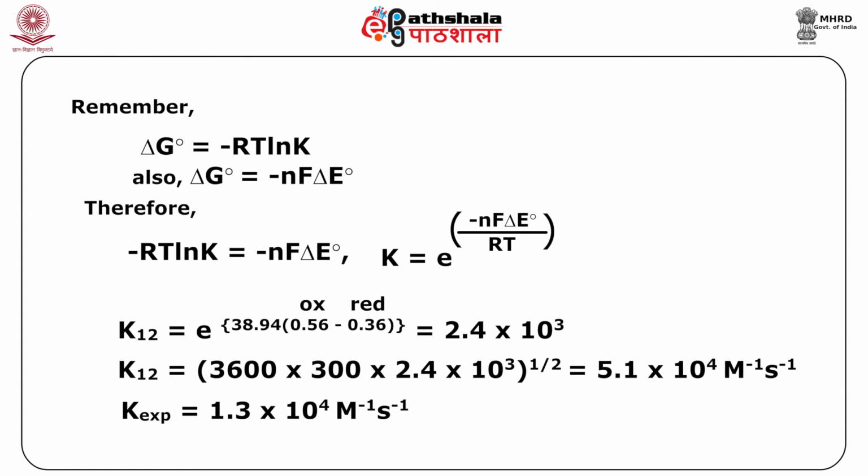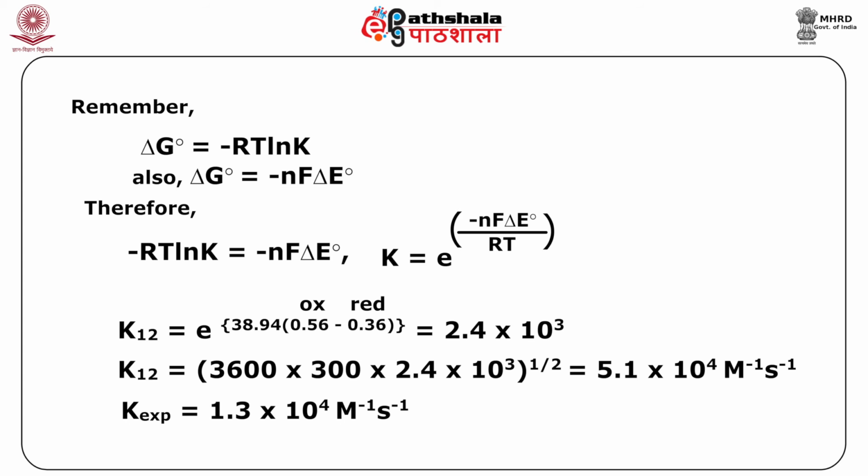Remember, delta G0 equal to minus RT ln K. It is known. Also delta G0 equal to minus nF delta E. Therefore, minus RT ln K equal to minus nF delta E. It is very simple, and K equal to e to the power nF delta E0 by RT.